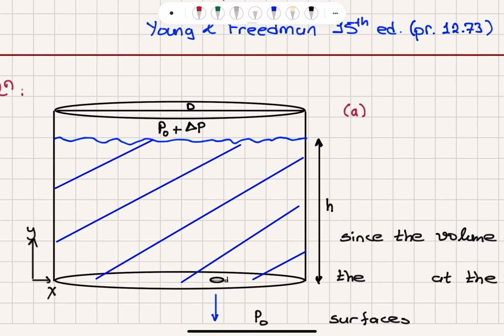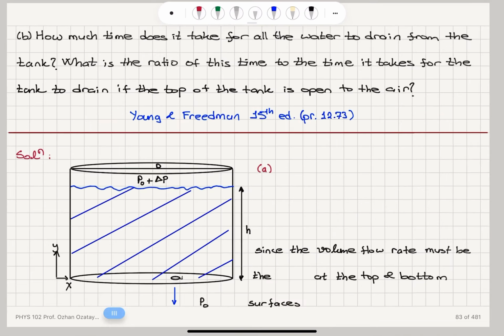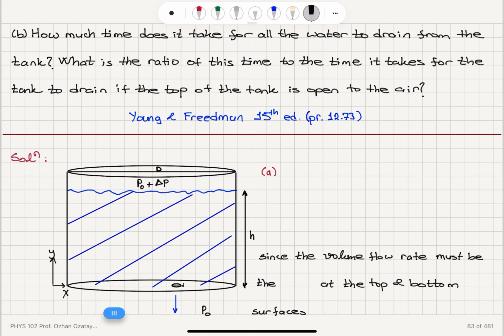And we can write Bernoulli's equation for this flow of water through this small hole. If we start with the pressure on top, the pressure on top is P0, atmospheric pressure, plus delta P, the gauge pressure. And then we have the potential energy term, the density of water, gravitational acceleration, h, rho g h, and then we have the kinetic energy term. This top surface is moving, so we have plus 1/2 rho v top squared.